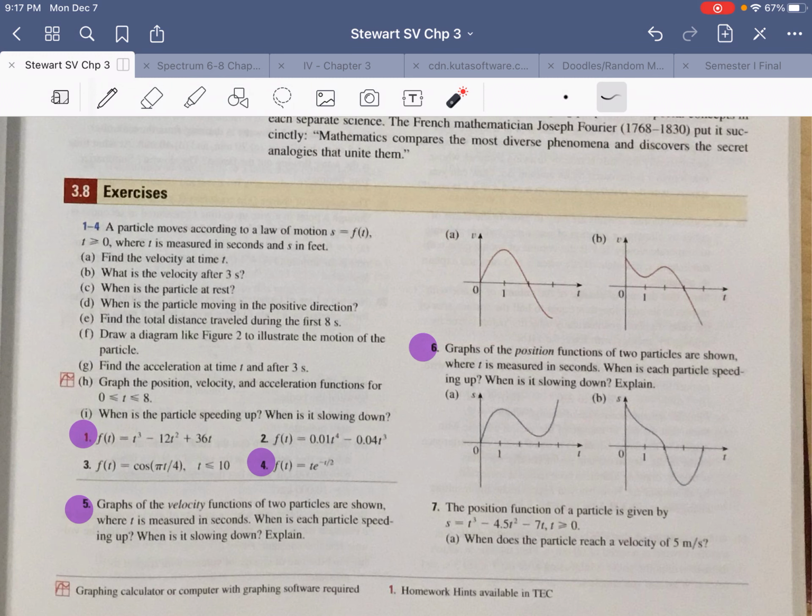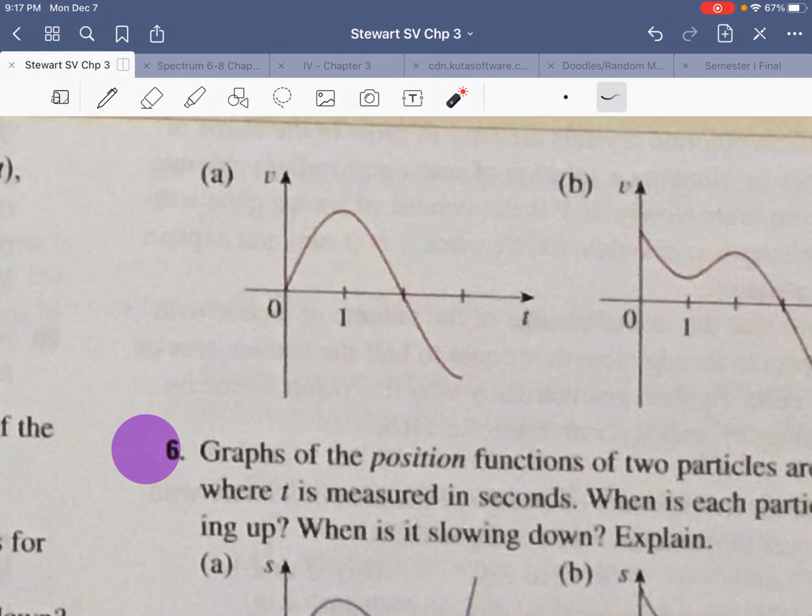Now, velocity and speed are different in that speed doesn't care about a direction. So if we look at this and think in terms of velocity, from here to here my velocity is increasing, from here to here my velocity is decreasing. But if we're talking about speed, we got to think about what's happening here.